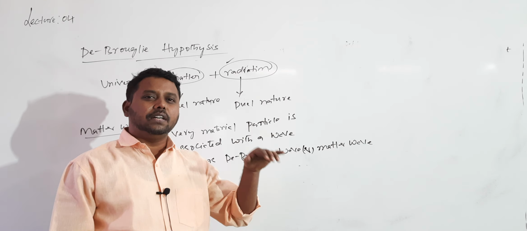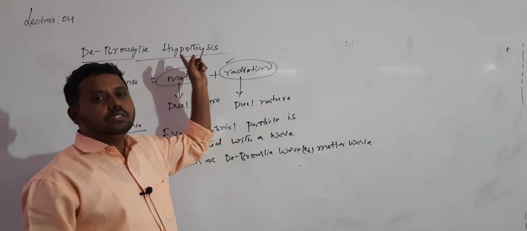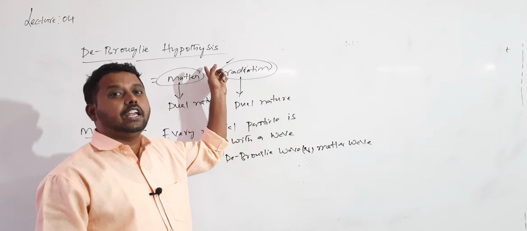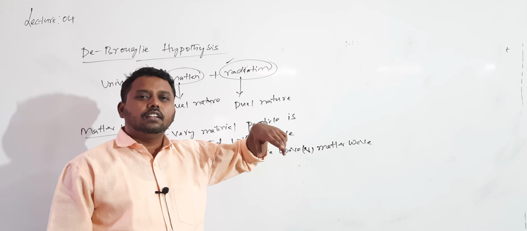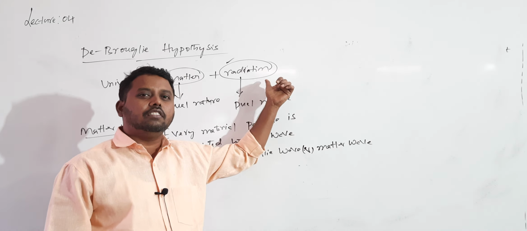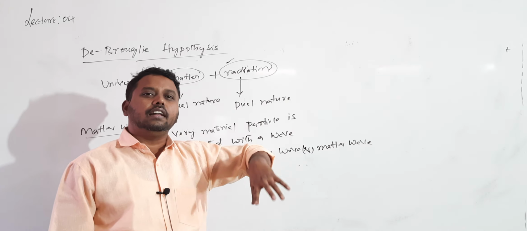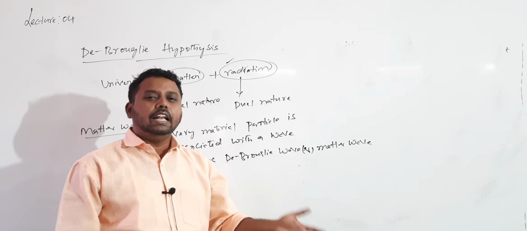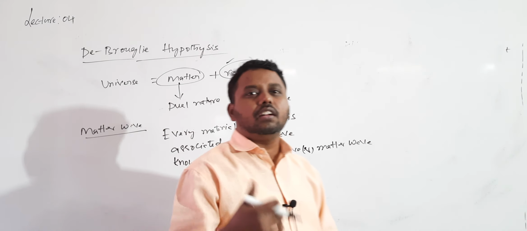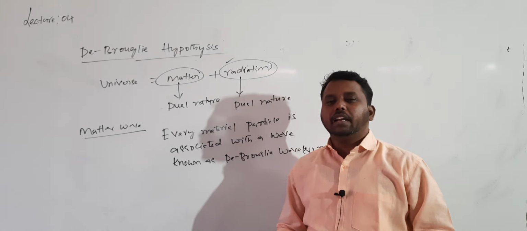Actually in the syllabus, the Davisson and Germer experiment is there, which gives experimental verification for the de Broglie hypothesis. De Broglie was awarded the Nobel Prize because of the dual nature of matter. His hypothesis was not wrong, it was correct. Later on it was proved that the electron has dual nature, wave nature and also particle nature.